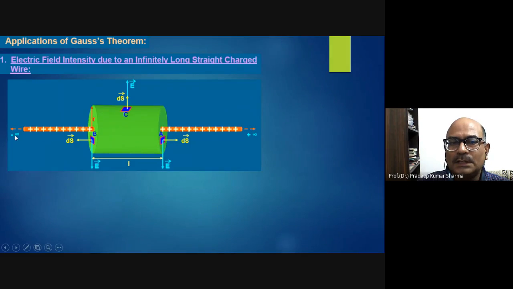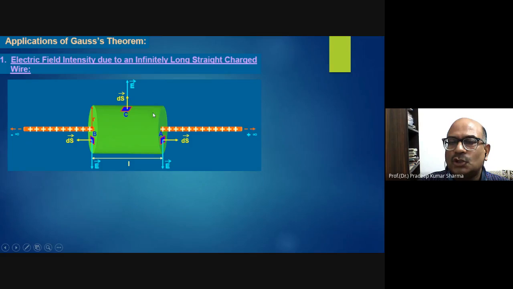So you can understand over here, this orange wire is already charged. The positive charge is there, and it is infinitely long, going to minus infinity on the left and plus infinity on the right. Because it is positively charged, the electric field lines will go radially, perpendicular and outward from this wire.